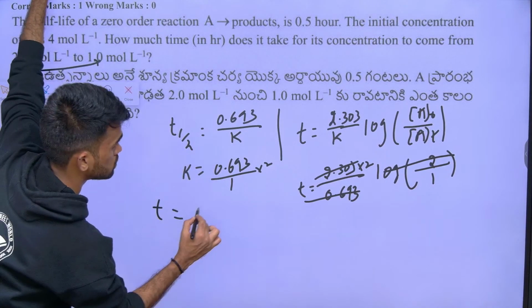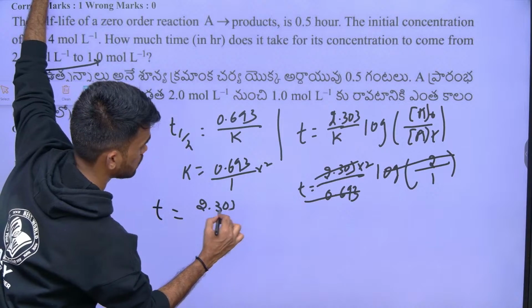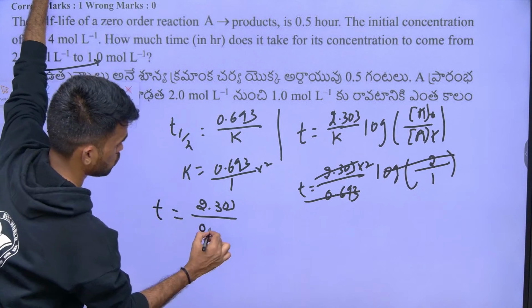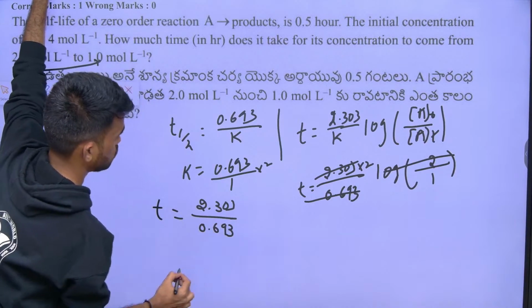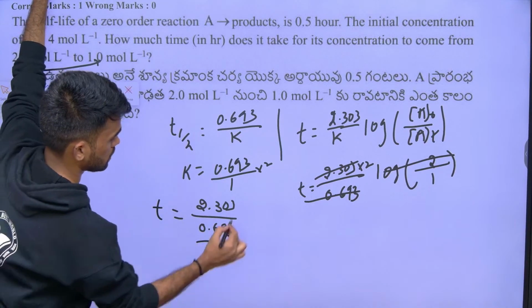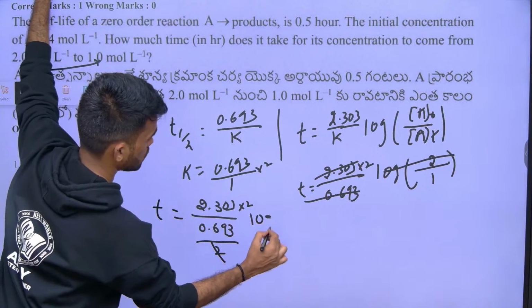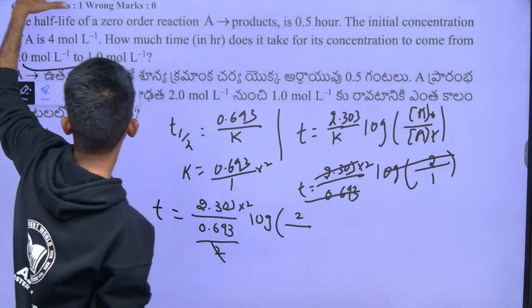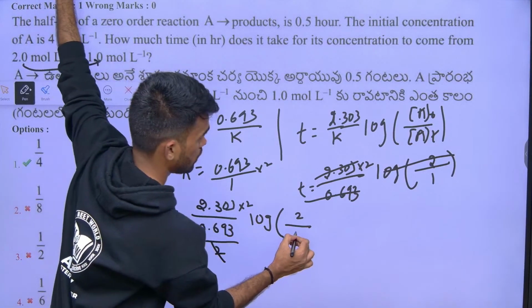So T equals 2.303 by K, K means 0.693 by 2, which I can write as multiplied by 2, log A naught, where the A naught concentration is 2 and A minus X is 1.